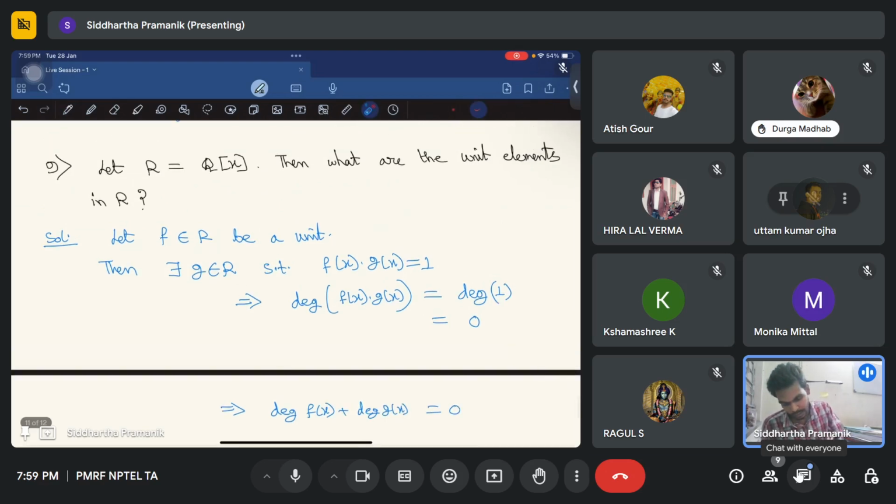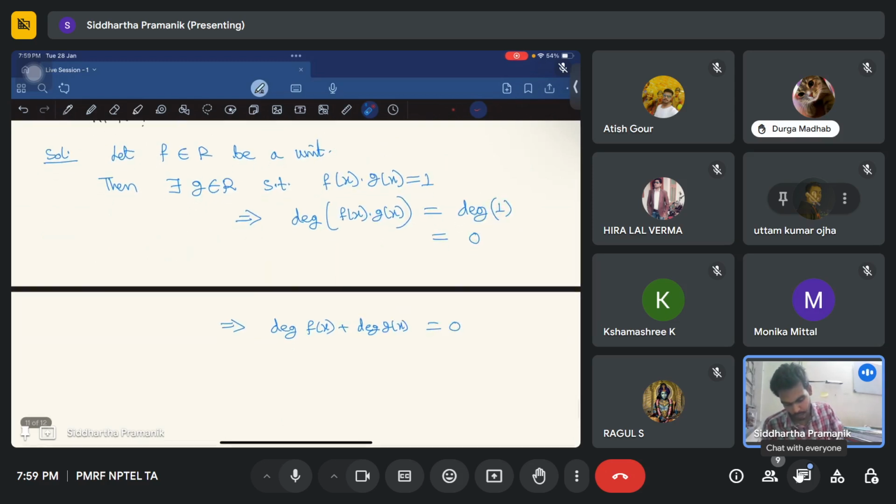We can write this because Q[x] is an integral domain, so I will mention this, don't worry. Now from this we can say the degree of f(x) and the degree of g(x) are both 0, because degrees are always non-negative.